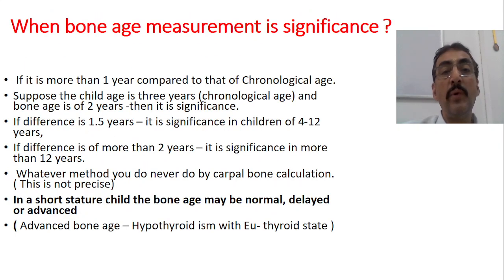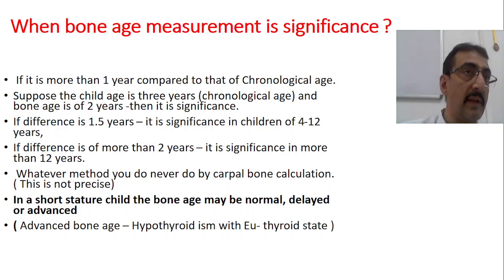Now, when is the bone age measurement significant? What is the significance of bone age measurement? If the bone age differs by more than 1 year compared to the chronological age, or suppose the child's chronological age is 3 years and the bone age is 2 years, then it is significant.